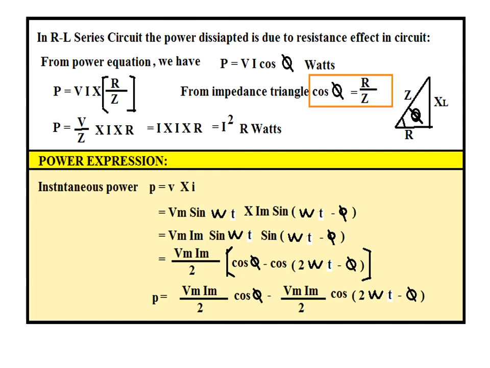So, instantaneous power consists of two parts. One is Vm Im by 2 cos phi, referred to as the constant part. The second is Vm Im by 2 cos of (2 omega t minus phi), known as the varying or fluctuating component.